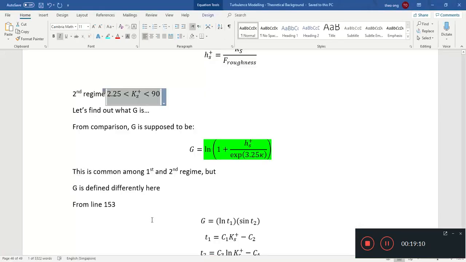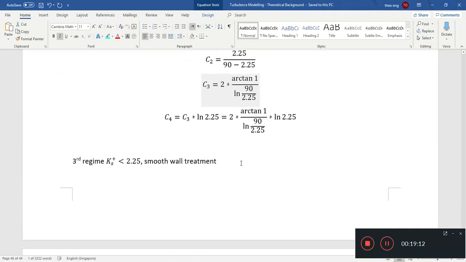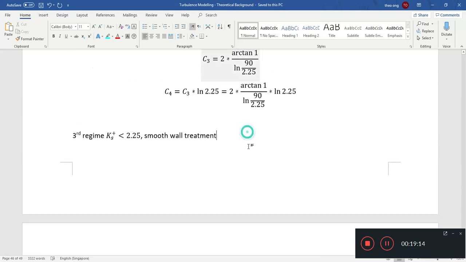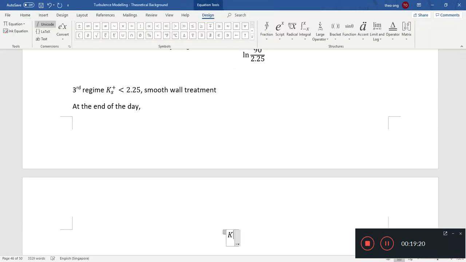So at the end of the day, Ks plus and Hs plus will work.